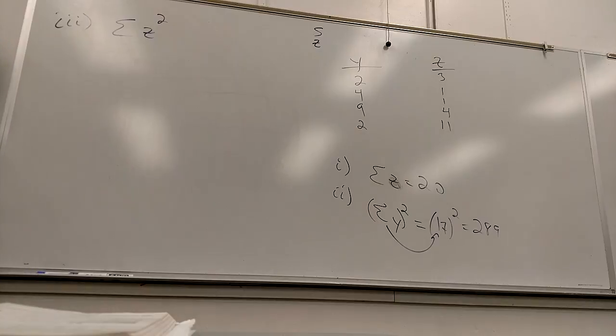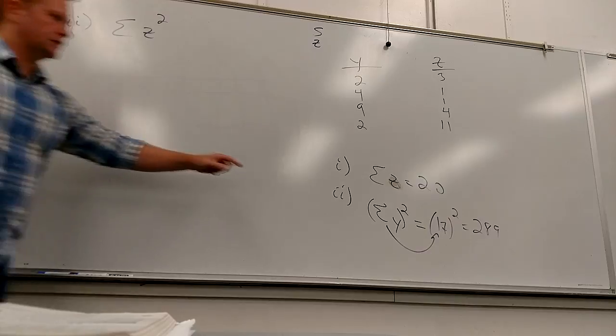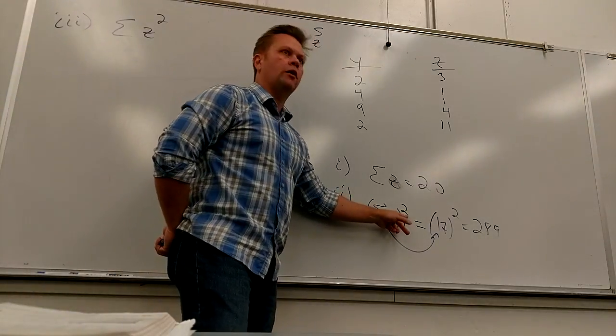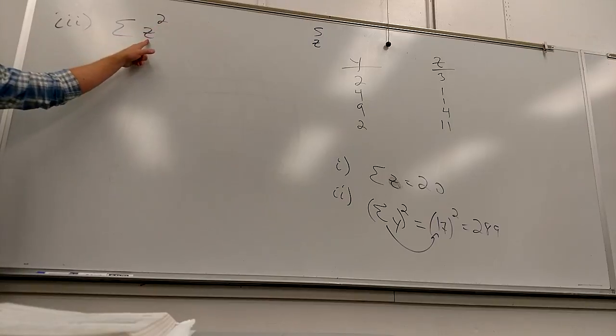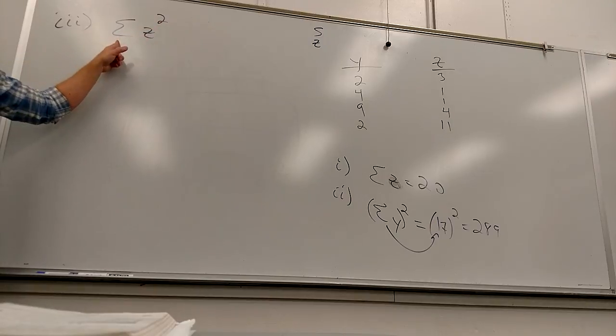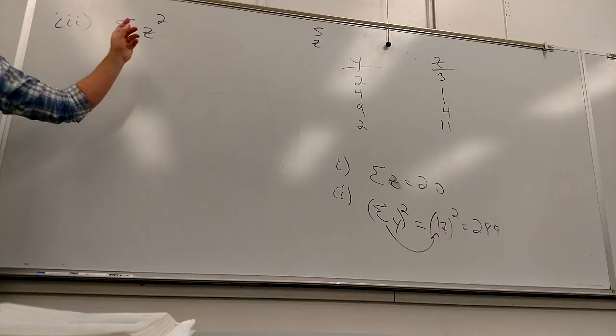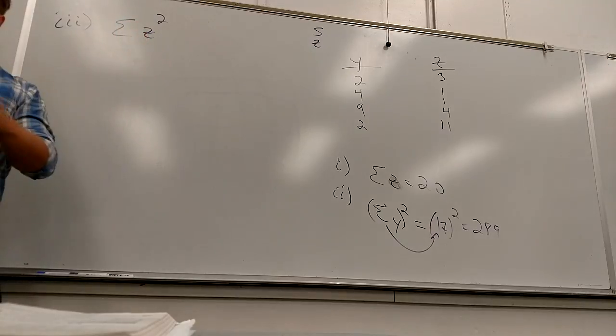Do you see how that's different from that last question? And this relates to the very first thing I talked about. No parentheses. I like it. So this one said you had to sum up the y's and then square them. This one says square the z's and then add them up. All right, let me stop there for a second. Do you see the difference there?